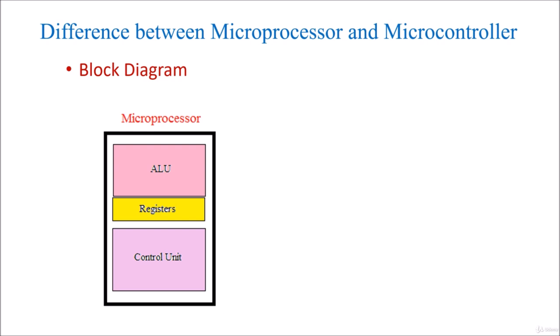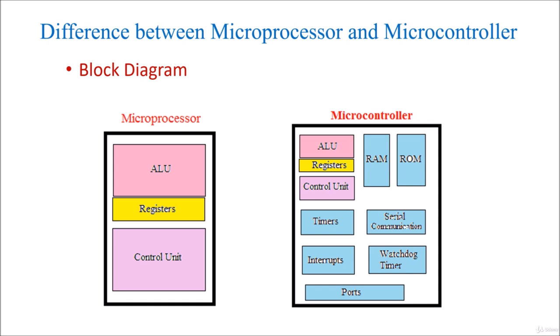Whereas microcontroller consists of arithmetic logic unit, register, control unit, and it also has internal memory such as RAM memory, which is used to store data, read-only memory, that is ROM memory, which is used to store a program, that is instructions. It has inbuilt timers, which are generally used for delay generation or counting external events.